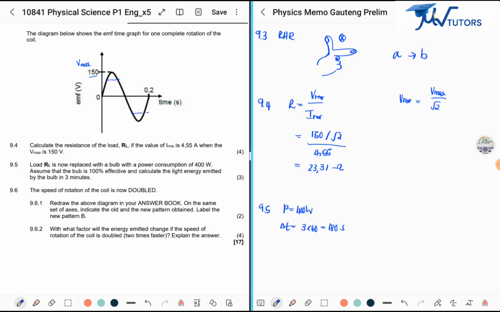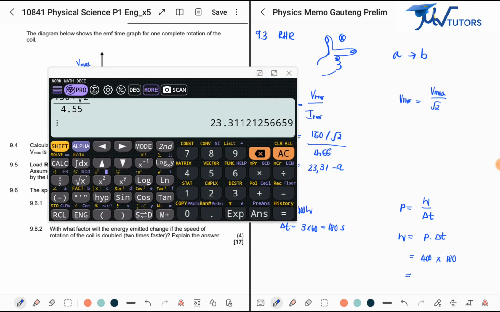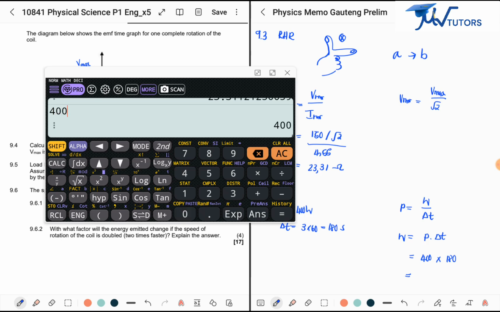So that's 180 seconds. And we know our equation that power is the rate at which work is done. So basically the work or the energy of the light bulb would be power multiplied by the time. So we have 400 watts multiplied by 180 seconds, and we get 72,000 joules.